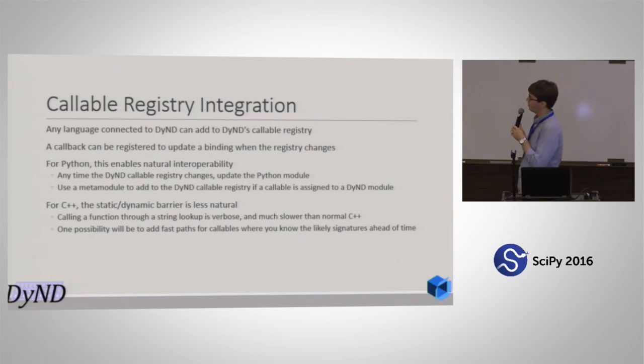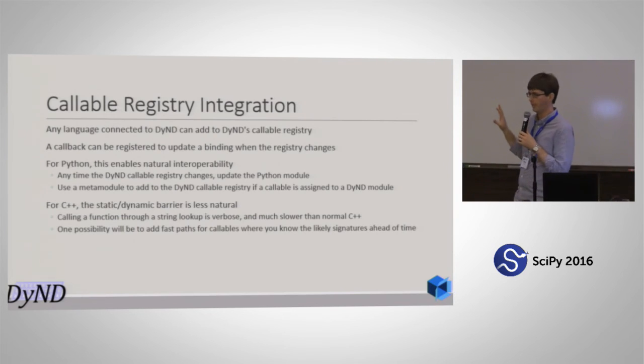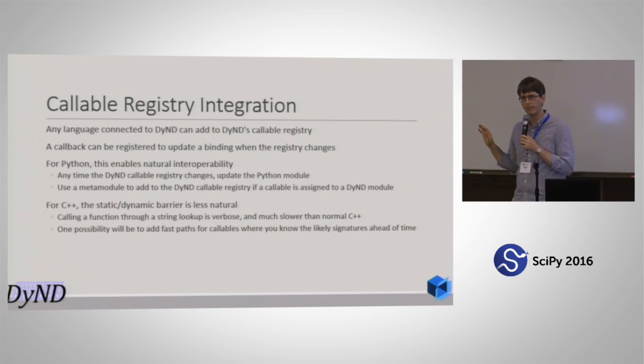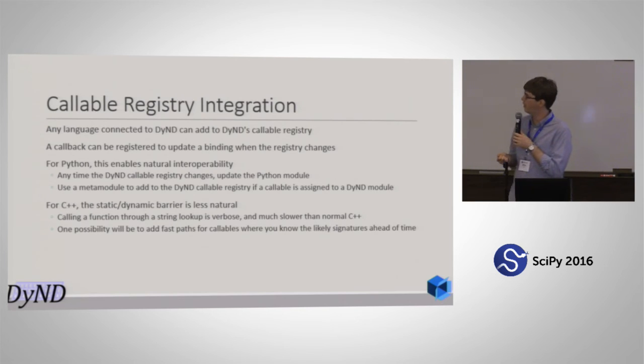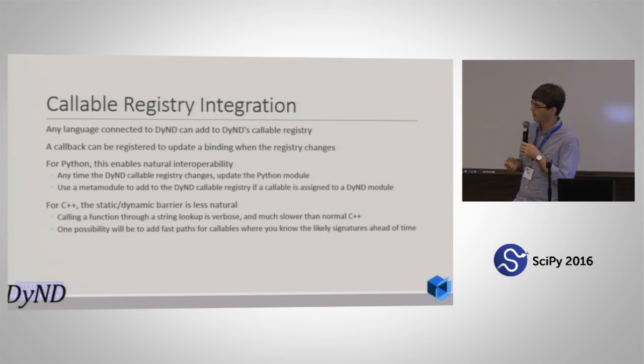So the callable registry is the base level of that. You can imagine we can set up a two-way relationship between the callable registry and Python modules and submodules. In C++, it's not quite as natural because C++ expects to know everything at compile time.